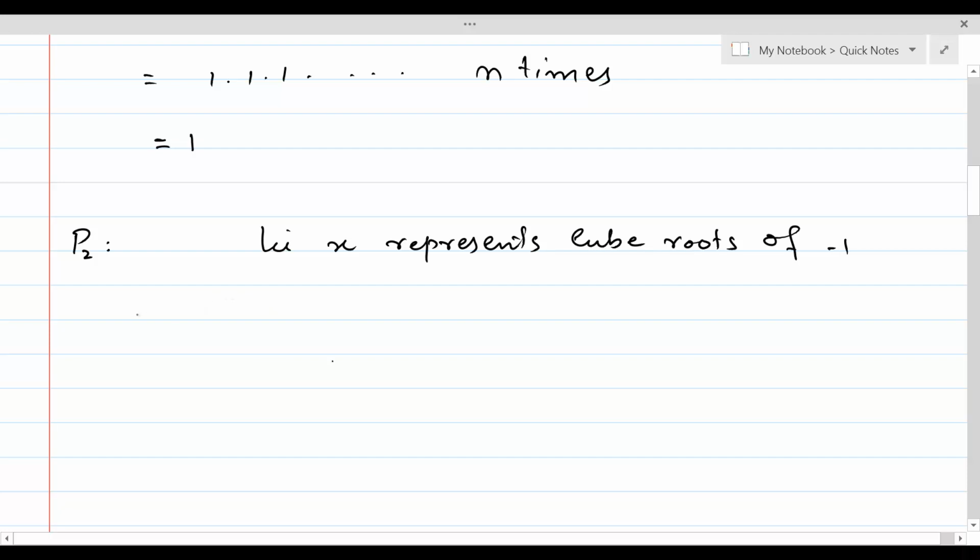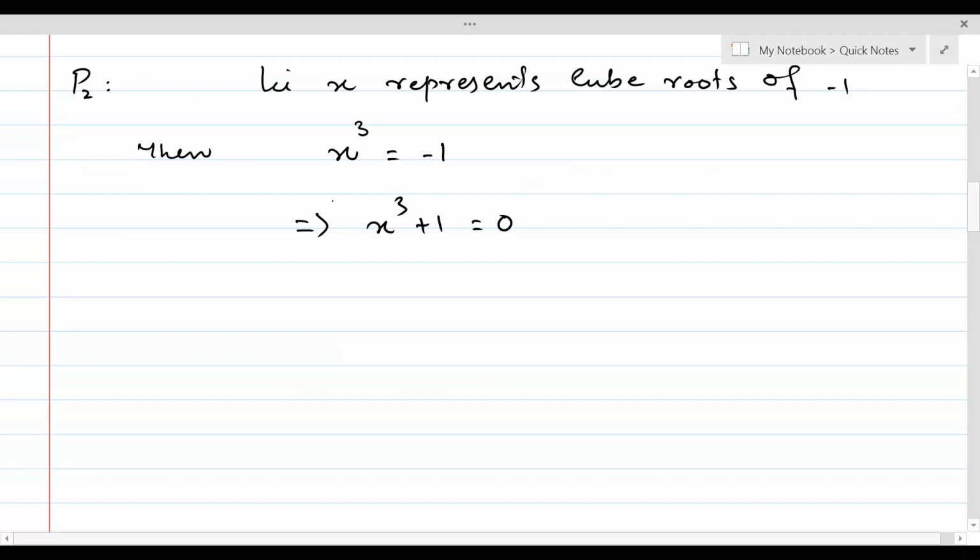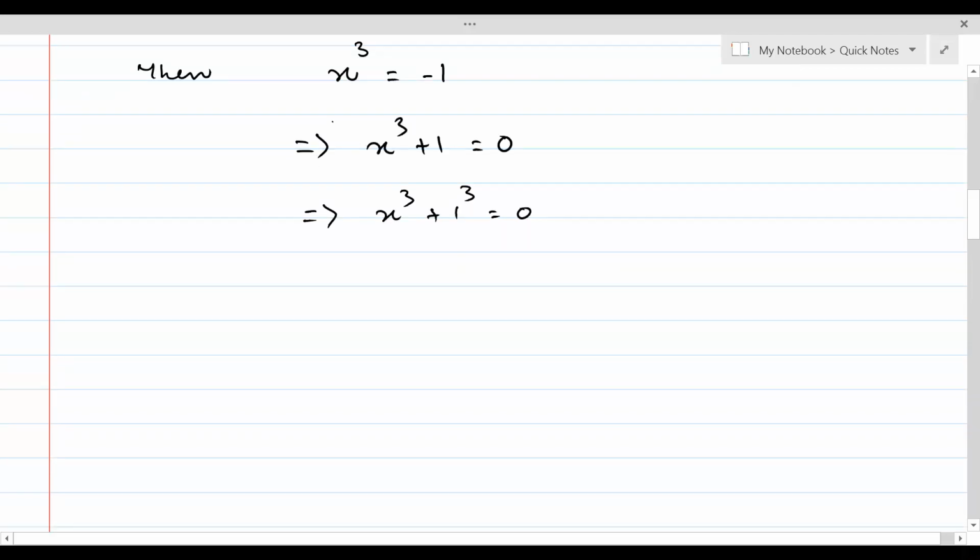Then x power 3 is equal to -1, which means x cube plus 1 is equal to 0, and this means x cube plus 1 cube is equal to 0.